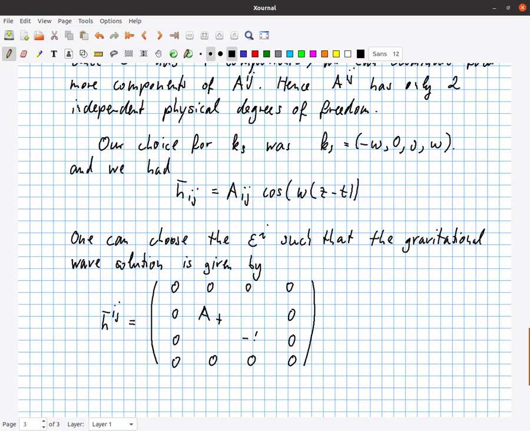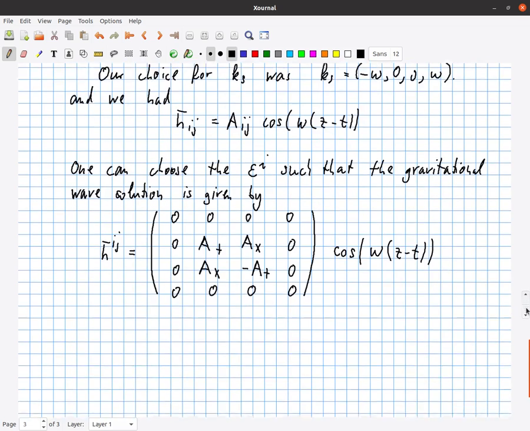This component is called minus A plus. This component is called A cross. And this component is called A cross. And here we have our cosine omega (z minus t). If you now do a simple counting of independent components, there are clearly only two, A plus and A cross. And all the rest is either zero or related to A plus and A cross.